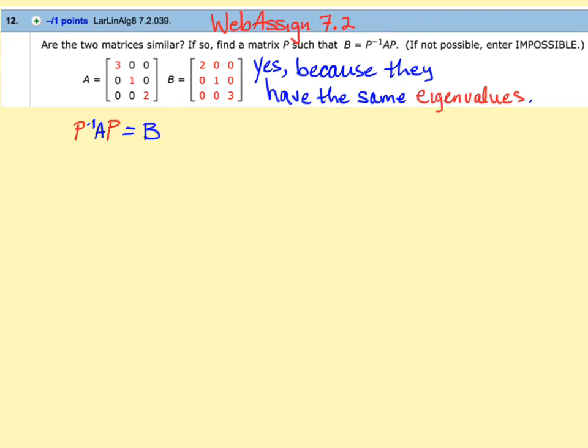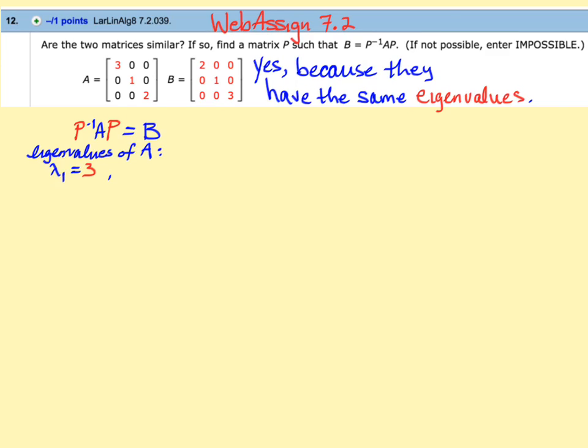Now the key to the proof of that theorem is that the order in which we put the eigenvectors of A in as columns of P determines the order of the eigenvalues in the resulting matrix B. So let's give the eigenvalues of A some names so we know what we're talking about.